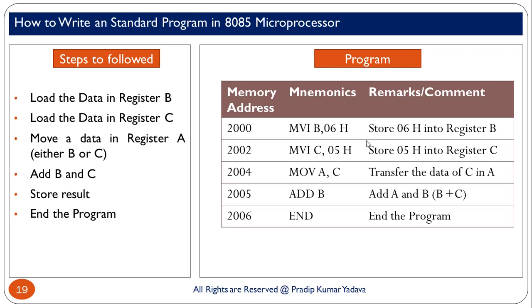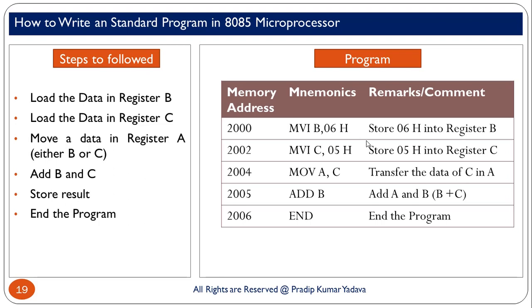Here, talking about the memory address, by default the value of the program counter is 0, and when I write 2000, at that time the value of the program counter is 2000, and that represents the location from where you are going to write your program. If at any time you need to see data, by accessing this location we can find what type of data is stored there.